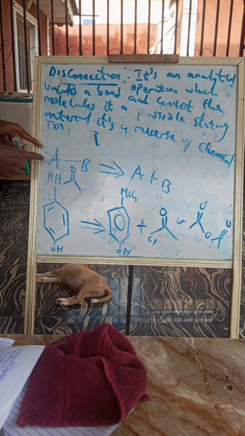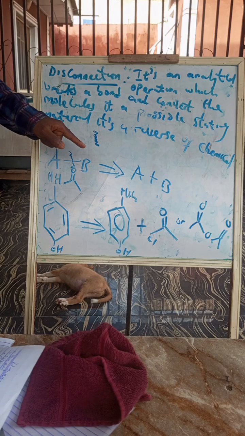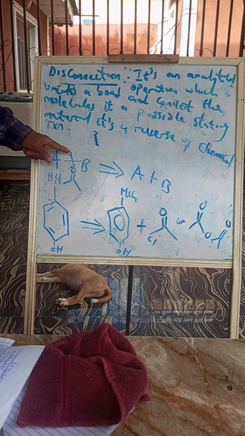So to cleave this molecule, we use this. We can see here A and B being cleaved, that is, disconnected or broken. Whenever you see these signs, it shows that the bond has been broken.